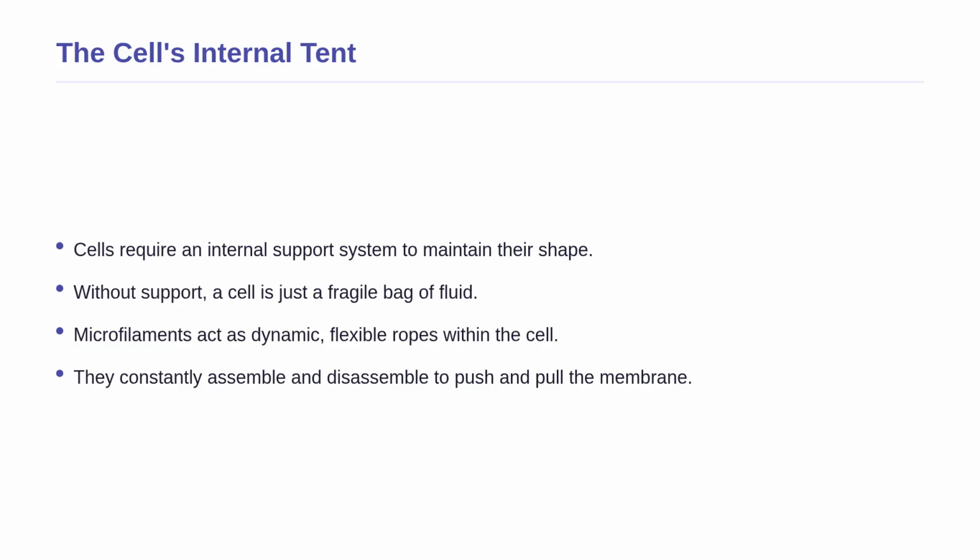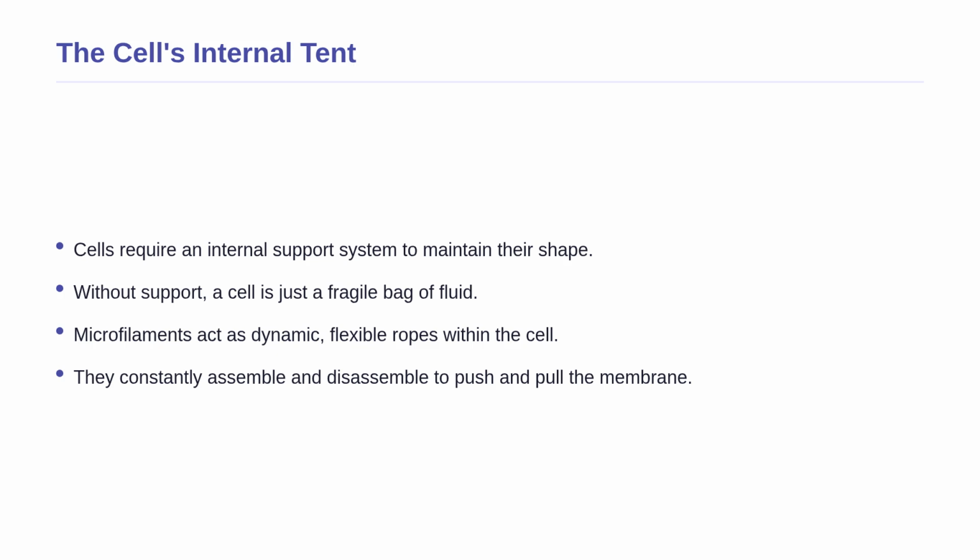To understand why microfilaments are so important, imagine a large camping tent. Without the internal poles and tension ropes, that tent is just a floppy, shapeless piece of fabric on the ground. A biological cell is very similar. Without an internal support system, it would just be a squishy, fragile bag of fluid, unable to hold any structure.